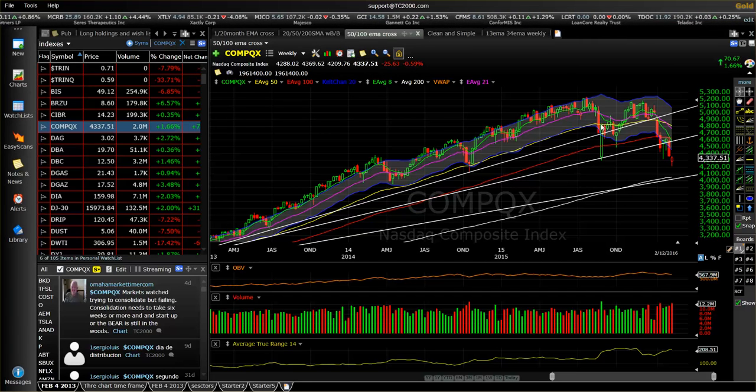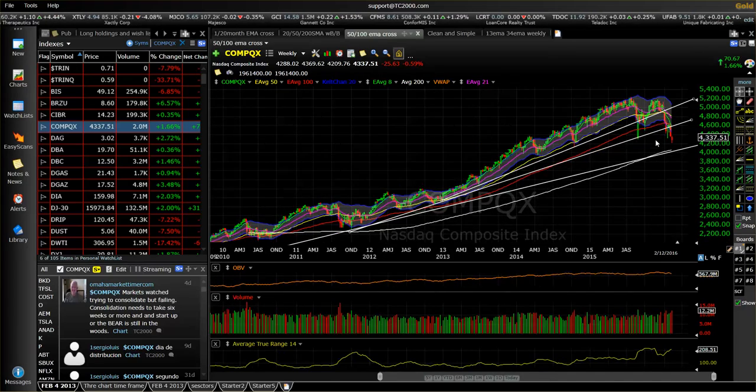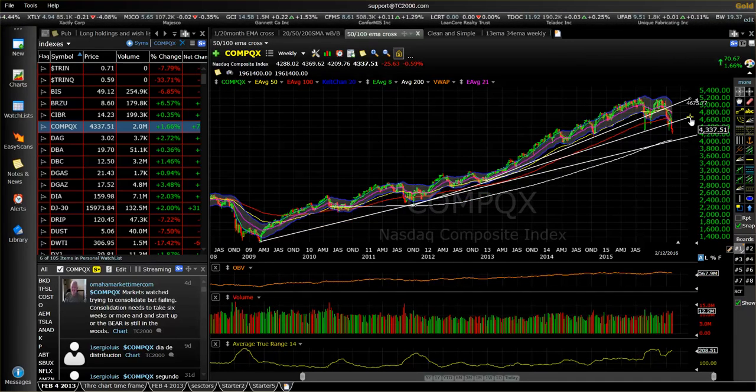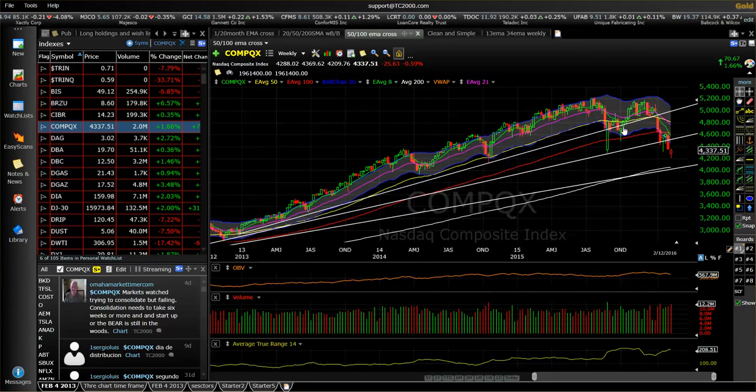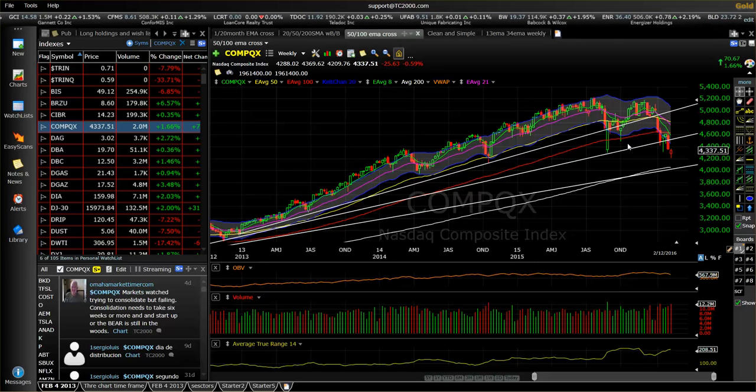And keep in mind, each candle here represents a week. We pierced through, we came down, we tested this trend line here, bounced off of it, reclaimed this trend line, broke back down. We were unable to make a higher high, and we started making lower highs.